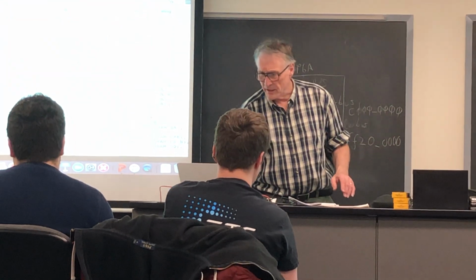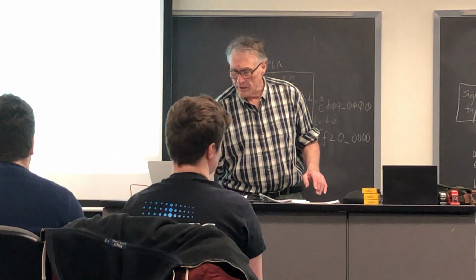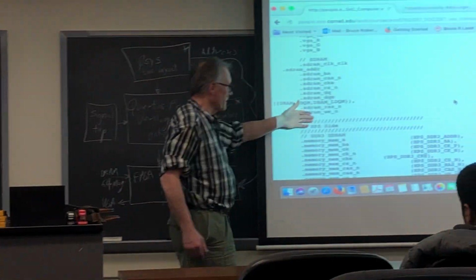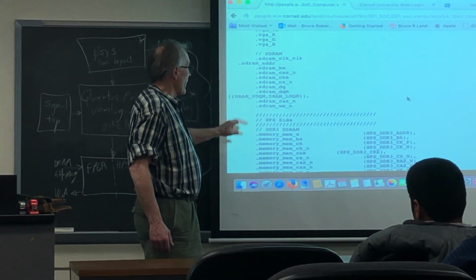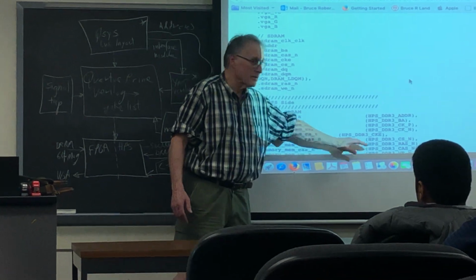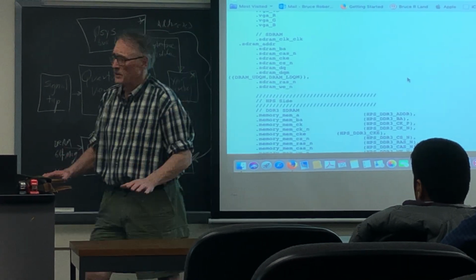There's another stanza here which connects the SDRAM control lines, of which there are a bunch, and then a whole separate set for the HPS side of things, which you really don't want to mess with.